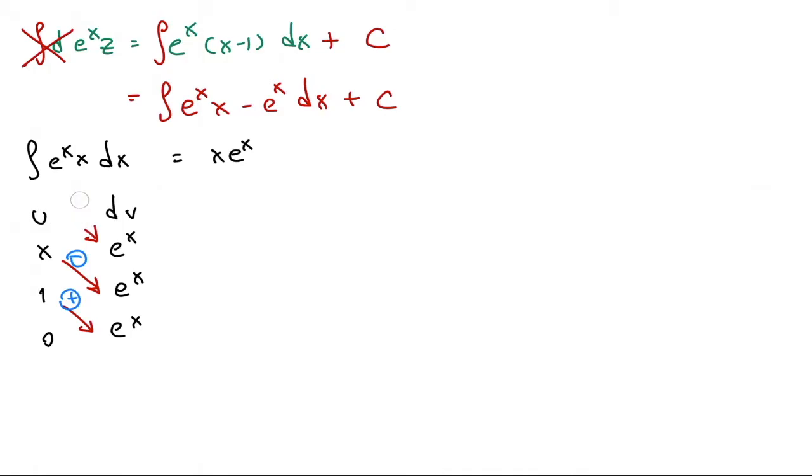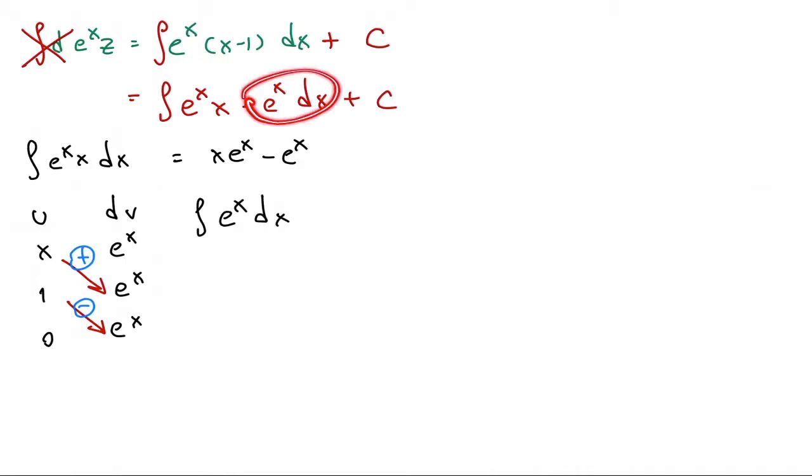It starts from here. My bad. Start from here. Okay, plus minus. So we have e to the x minus e to the x. And guys, the integral of e to the x dx, this part is just e to the x.